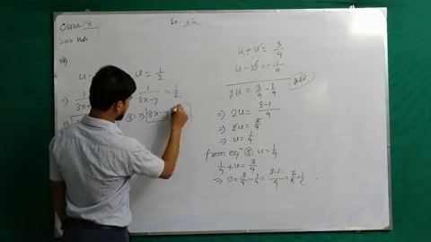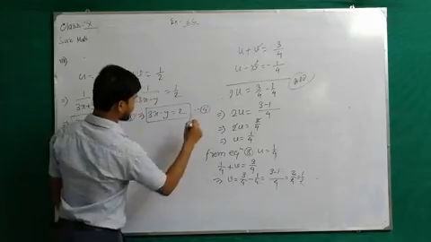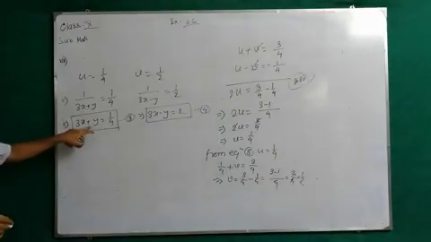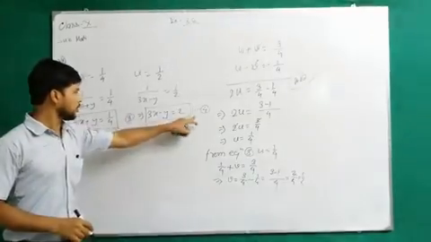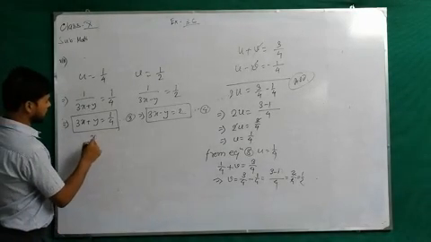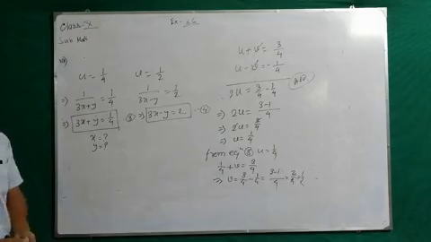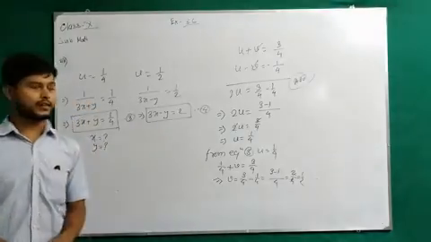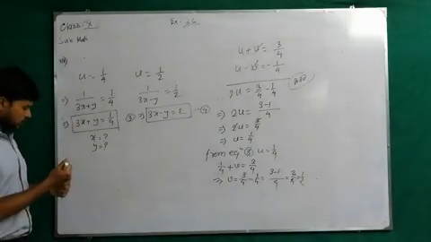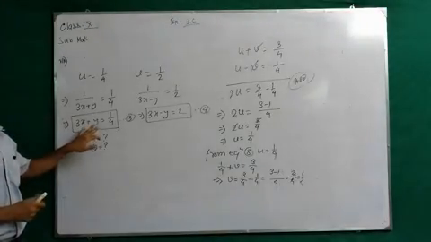So this is our fourth equation. Now we have to solve equation number 3 and equation number 4 to calculate the value of x and y. Now look, equation number 3 and equation number 4 are very easy equations, and I hope you can solve them.